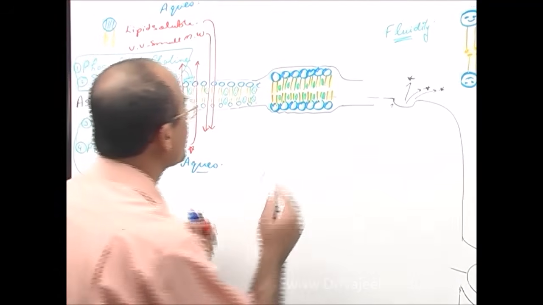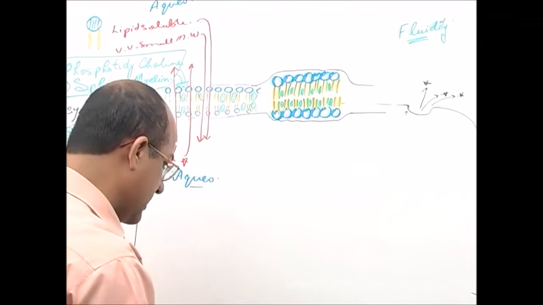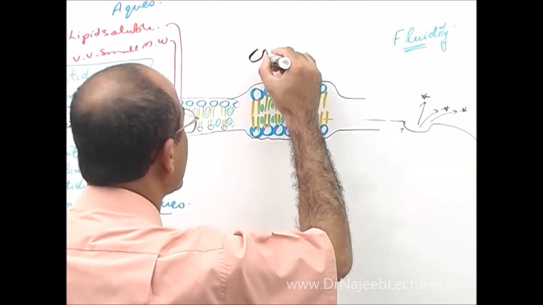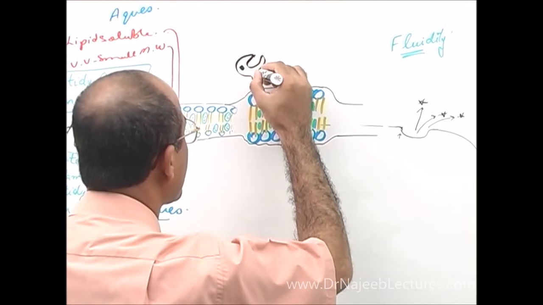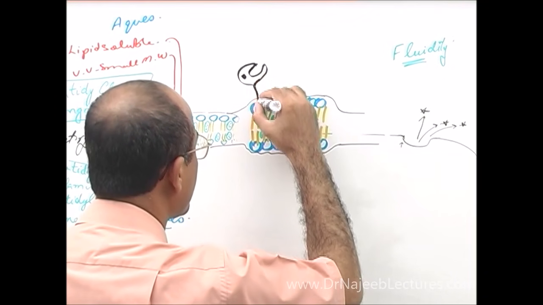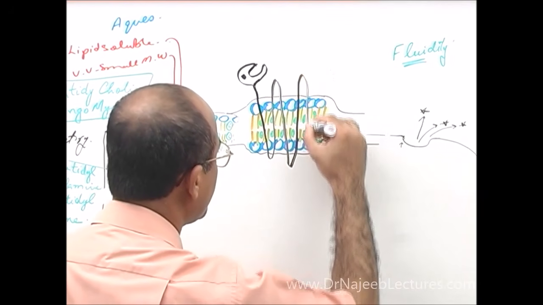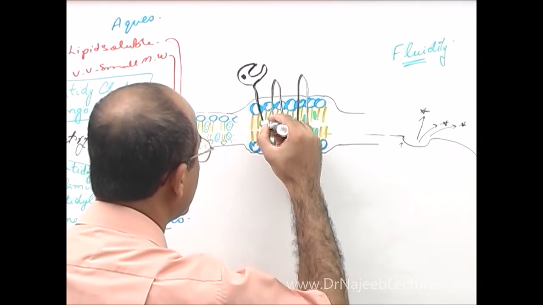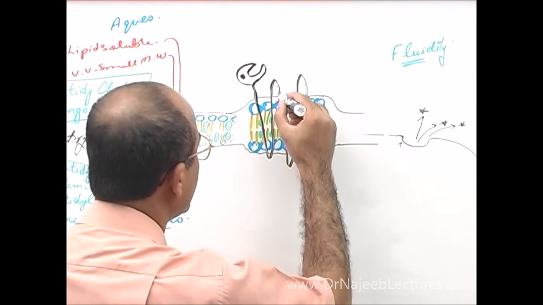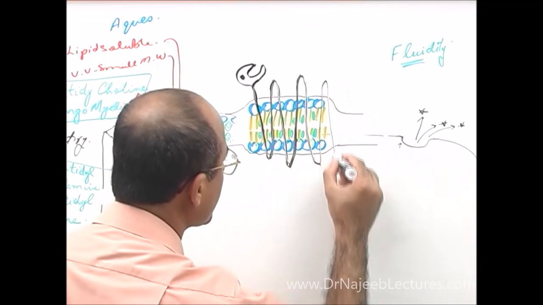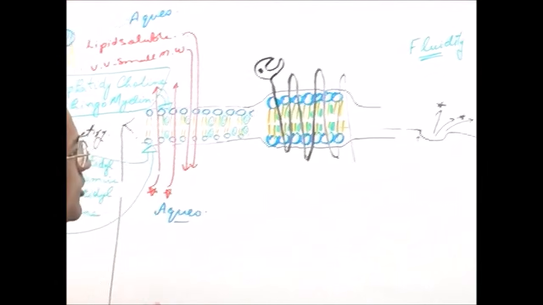For example, there may be a very special protein present over here. What is this?